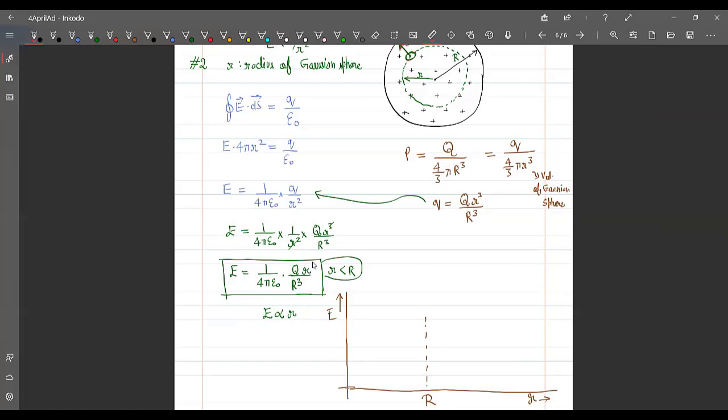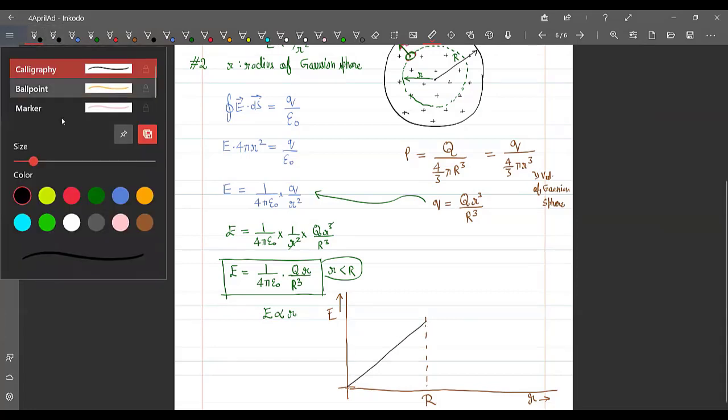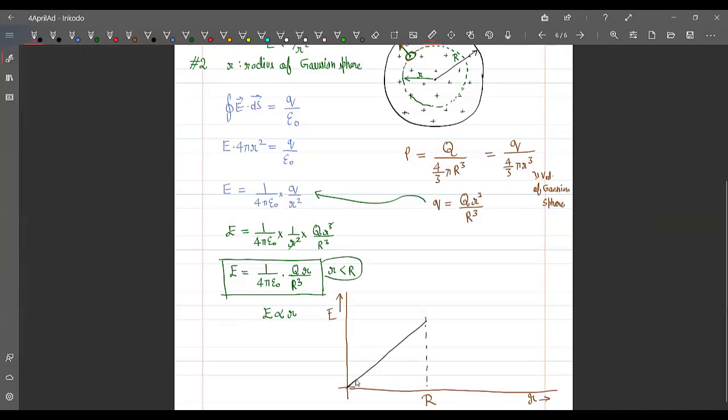When r is increasing, it will keep on increasing, up to the value R. After that, it varies as 1 by r square. So as the value of r increases, this value will decrease.